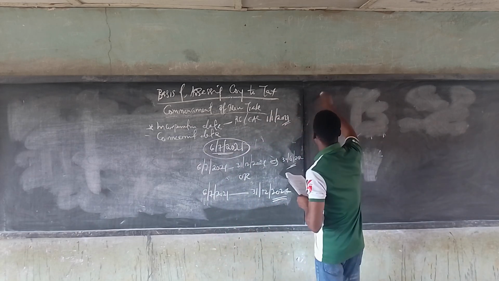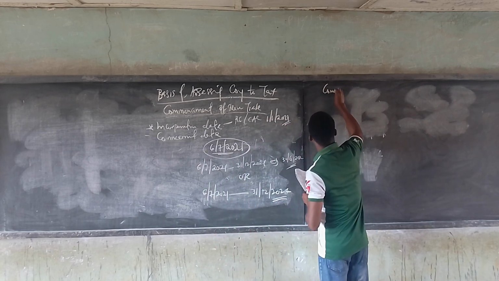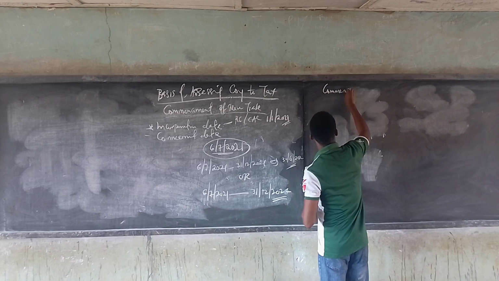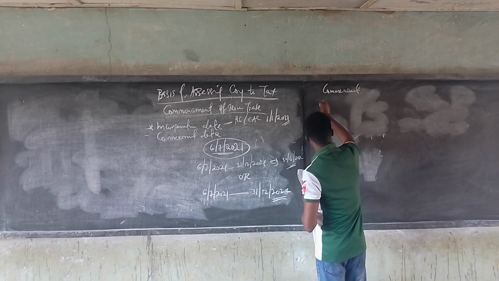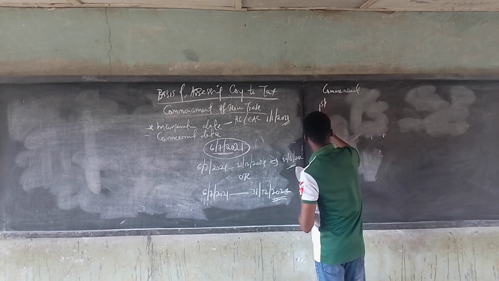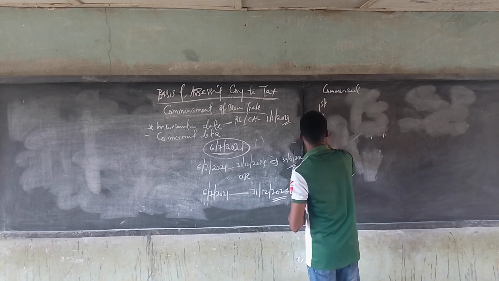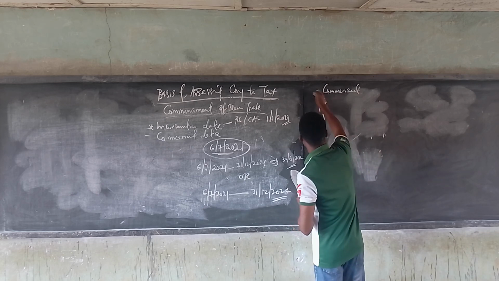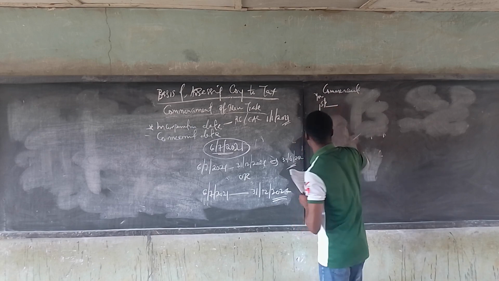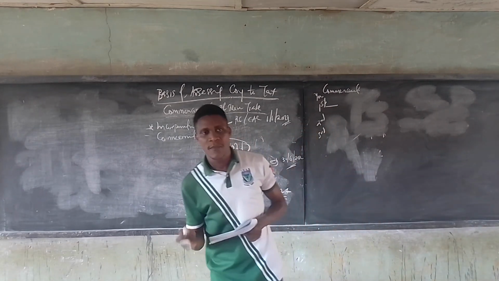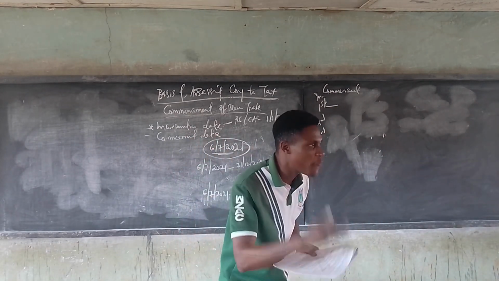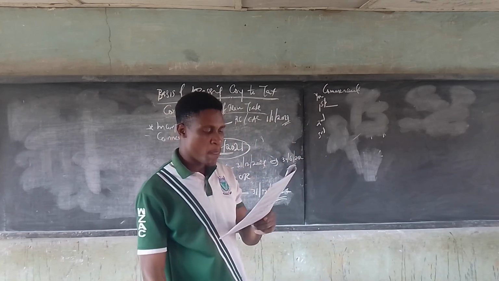So commencement now: the first 3 years, the first year, the second year, and the third year. These are the years. The first year, on what basis? What will be the basis period for the first year, based on the tax law above?